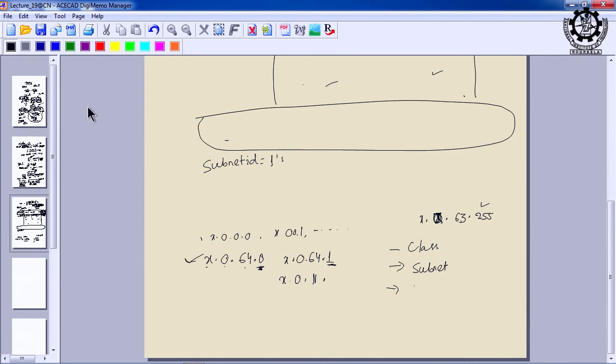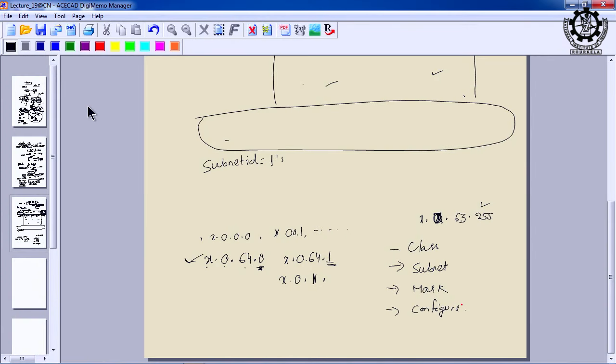Then you decide what the mask is. Then you configure the network, finding the valid IP addresses and the special IP addresses. They are not invalid, but they are special. Now, work out a small example, it will be easier for you to understand.